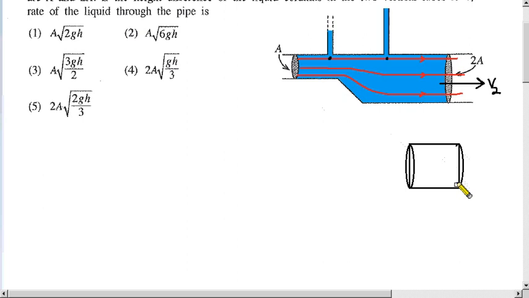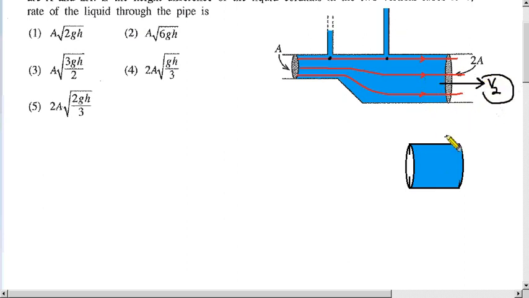So this is the water column leaving the tube per second. We have taken the velocity as v2 here.